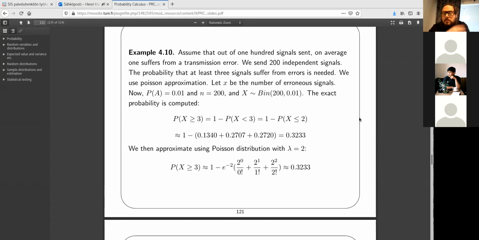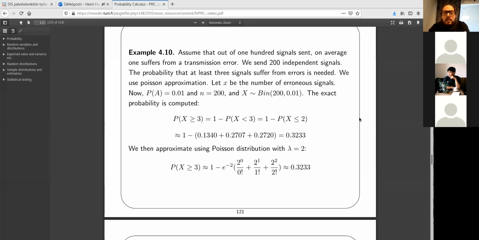We send 200 independent signals. The probability that at least 3 signals suffer from errors is needed. We need to figure out the probability that 3 errors occur. So we can model this firstly as a binomial distribution. We have 200 repetitions, each repetition having a 0.01 probability of creating an error.